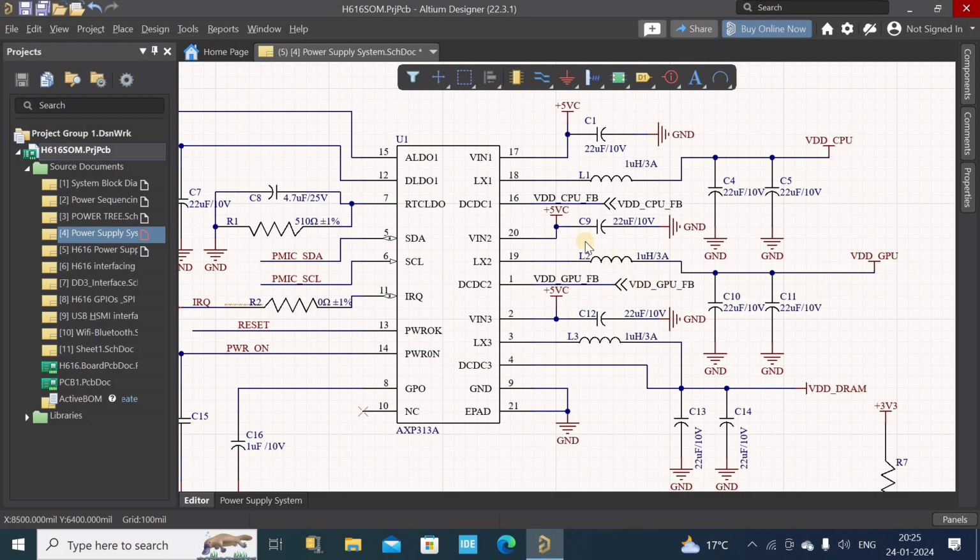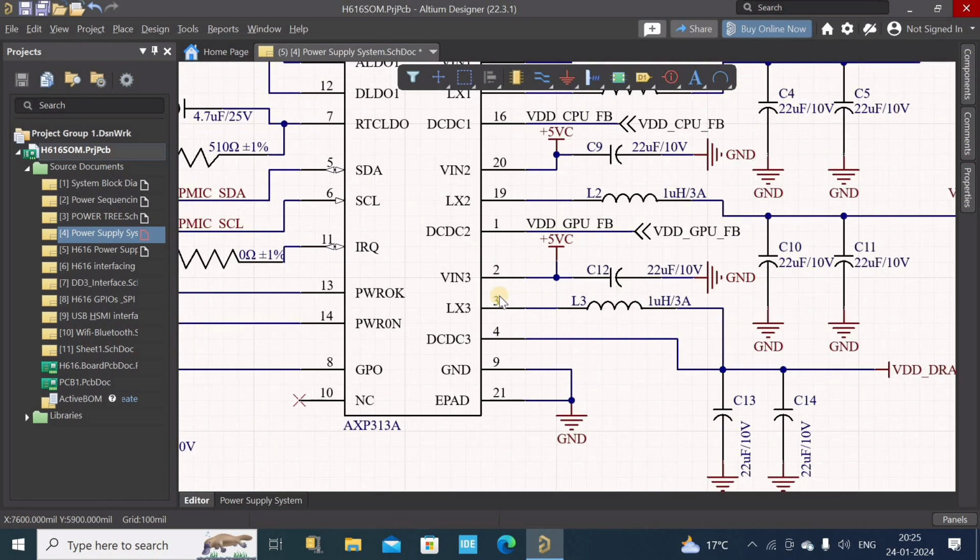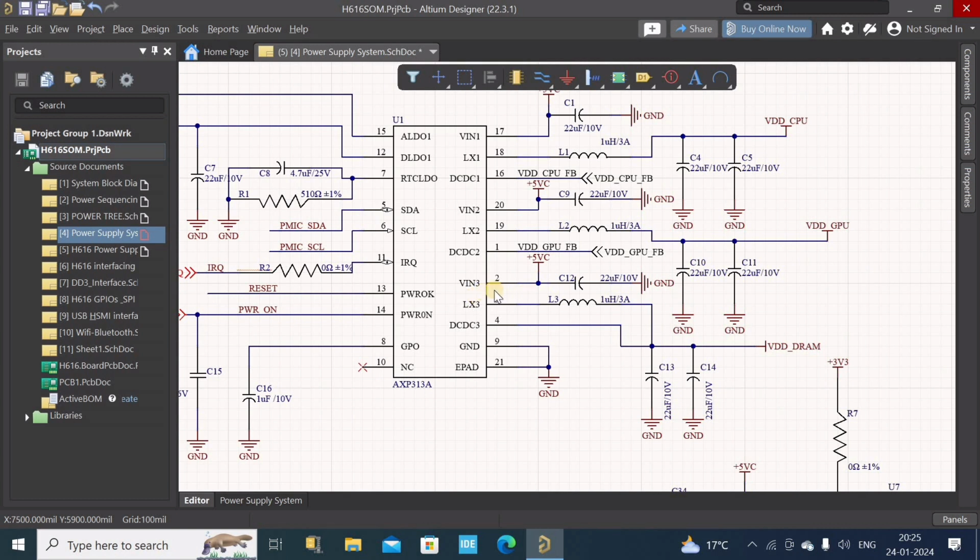Yeah, all right. And then here we have VIN3. This is for generating 1.5 volt DC, which is responsible for firing up the DRAM controller section of our SoC, as well as the power pins of our DDR3 RAM chips in our case.